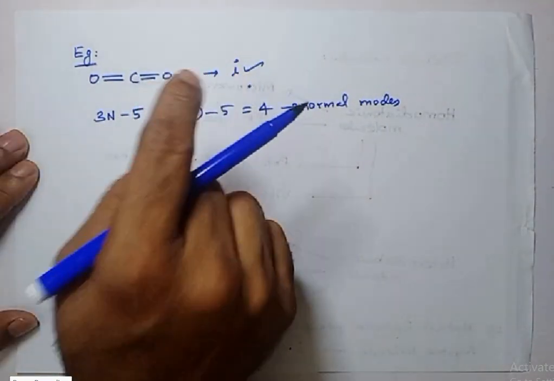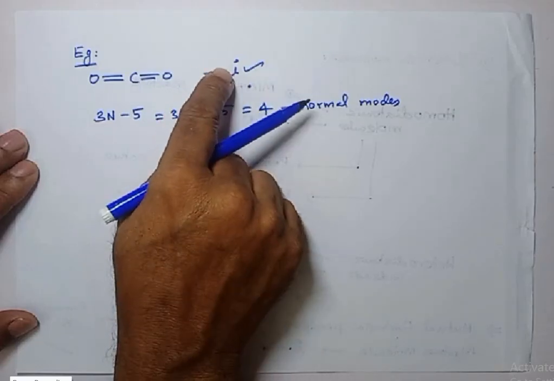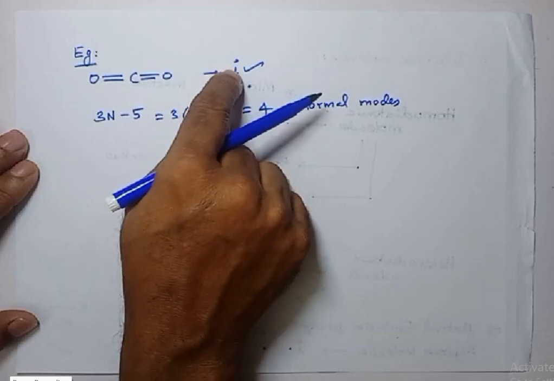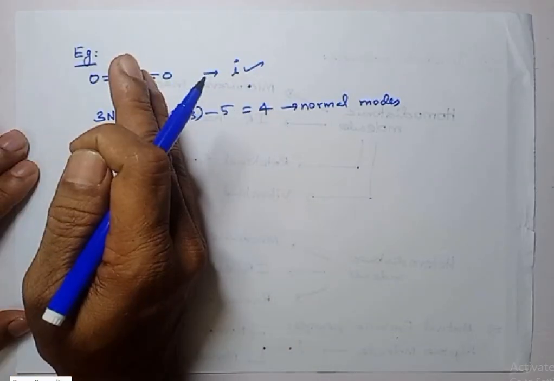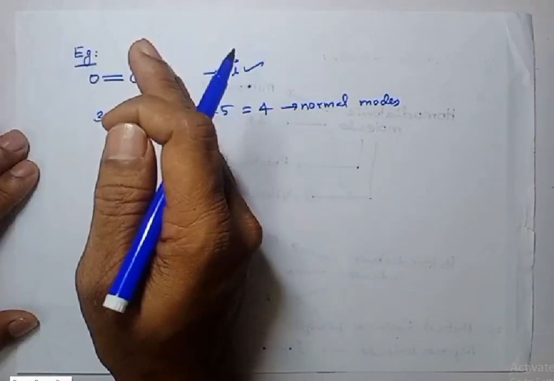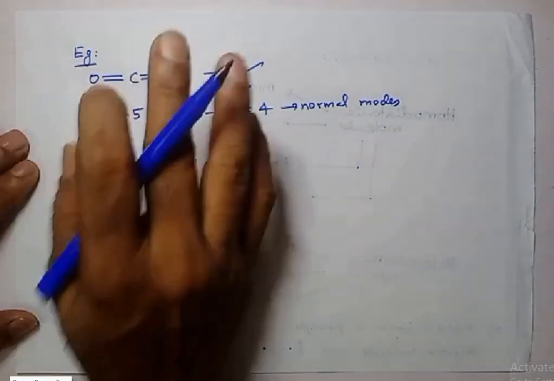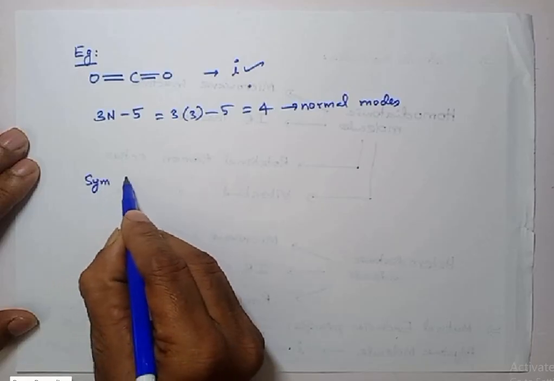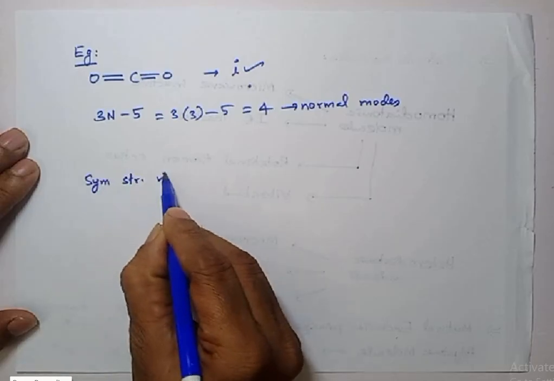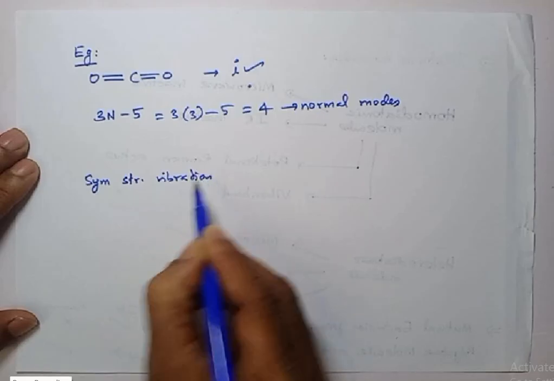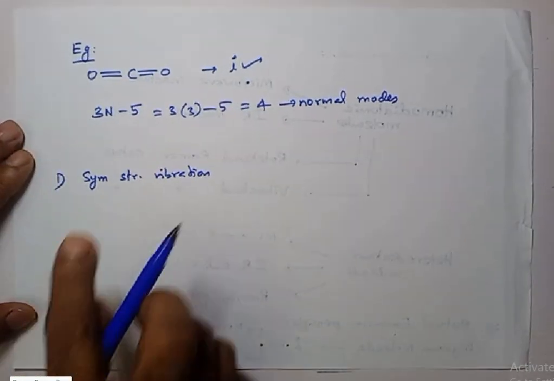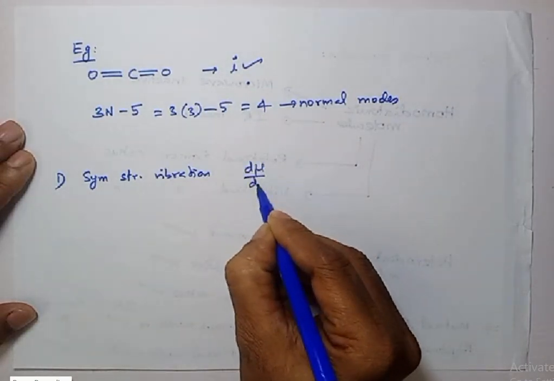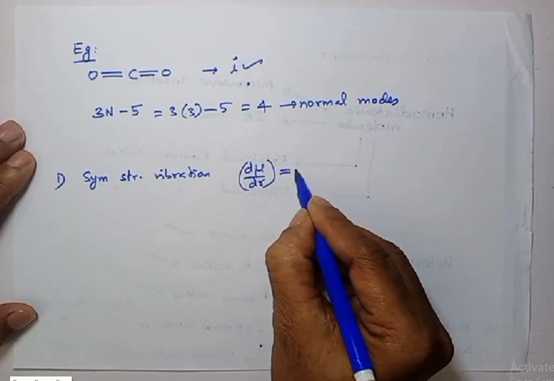What does the mutual exclusion principle say? Since the molecule is centrosymmetric, vibrations or normal modes which are active in IR are Raman inactive. For example, first I will take the symmetric stretching normal mode. In symmetric stretching vibration, the change in dipole moment during vibration is 0.